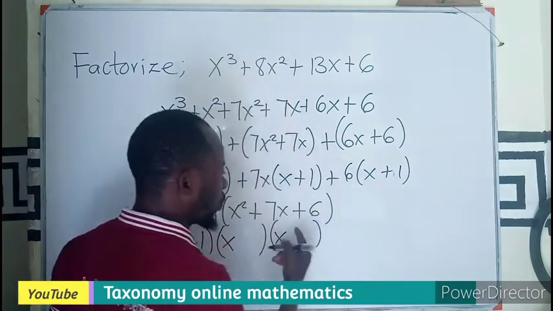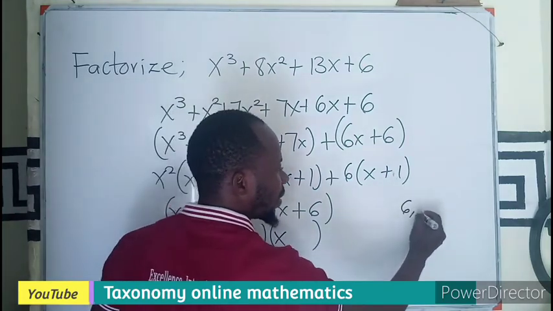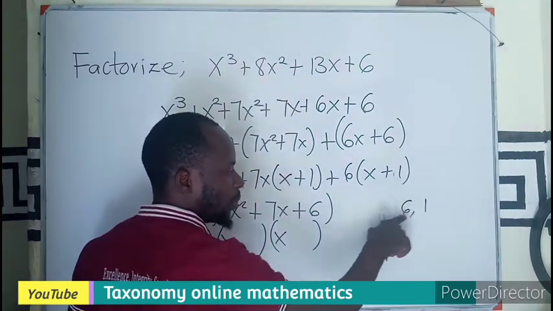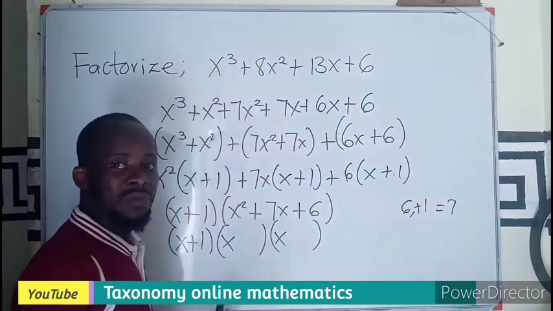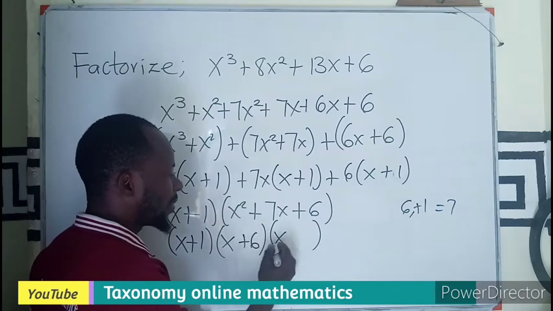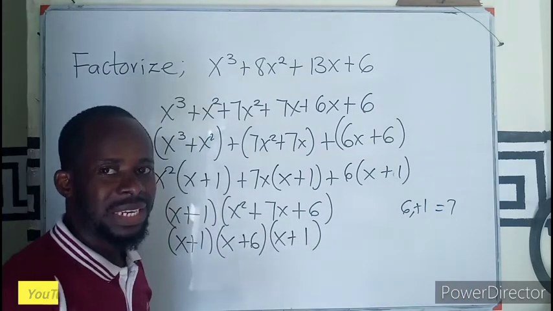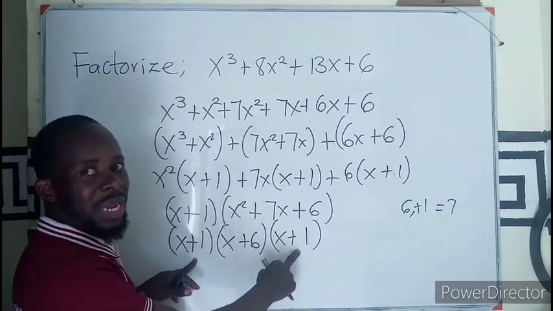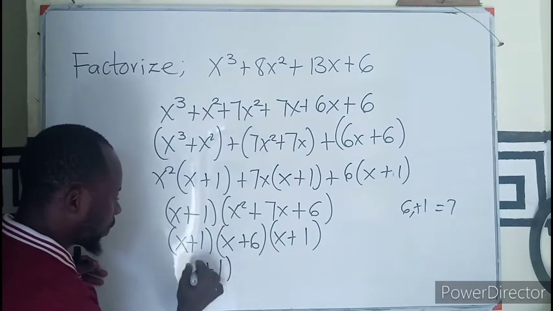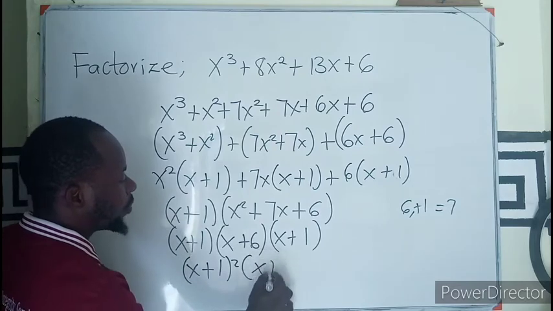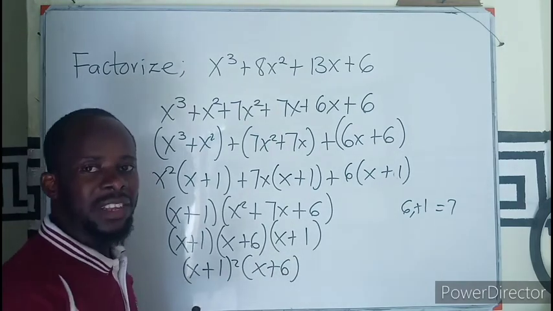So we are going to have 6 and 1. If I multiply the 2, I get 6. If I add the 2, I get 7. So the factors are just plus 6 plus 1. But I can see x plus 1 being repeated, so I can have x plus 1 squared, x plus 6 as my final answer.